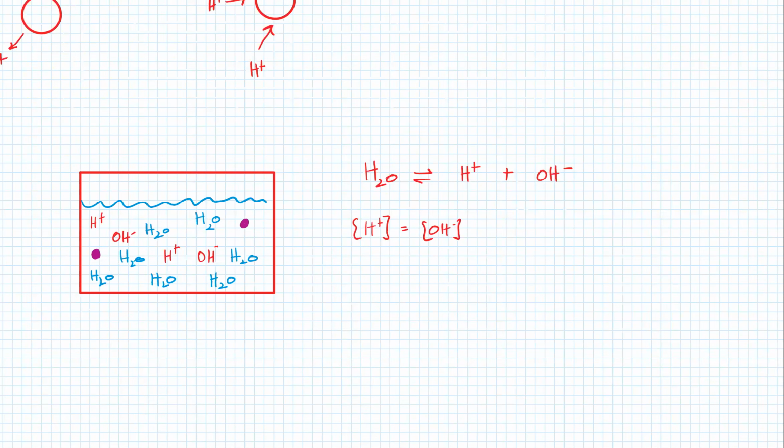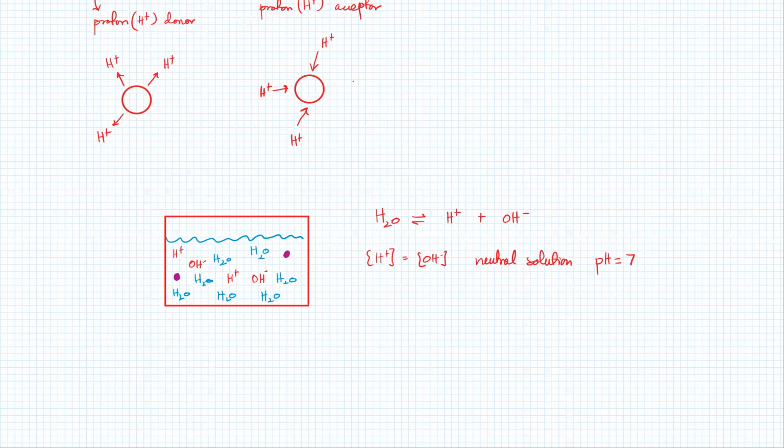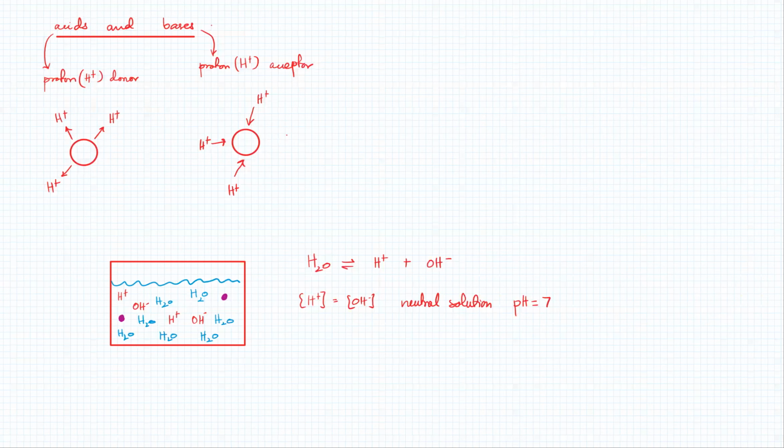Now, this is known as a neutral solution. And this is known as pH 7. Is that clear? Yes or no?